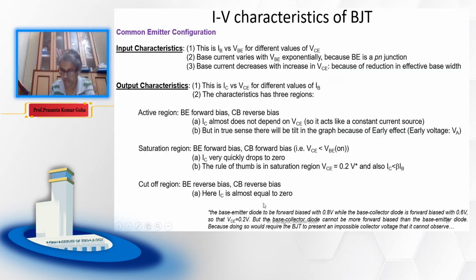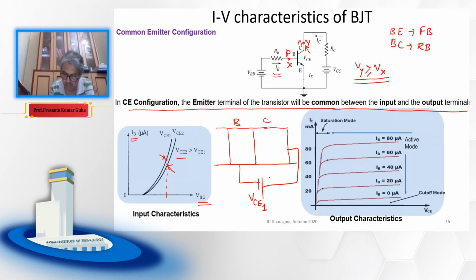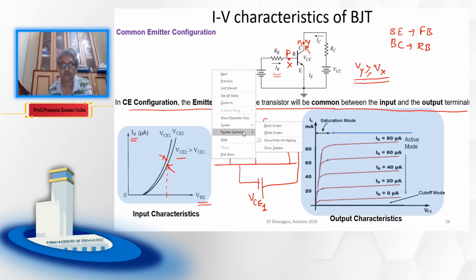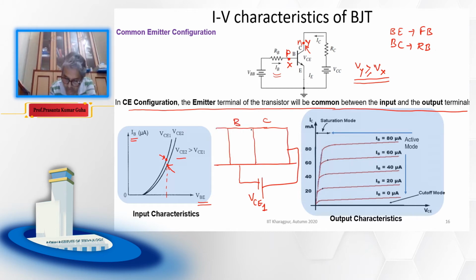That creates a depletion region at the base and the collector. Now I have increased VCE1 to VCE2. Now, if it is VCE2, what happens?